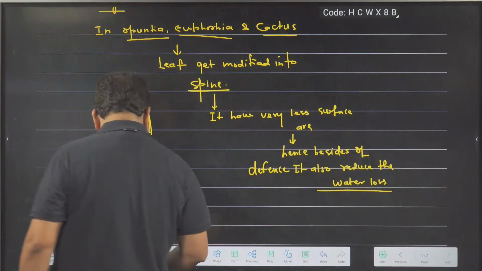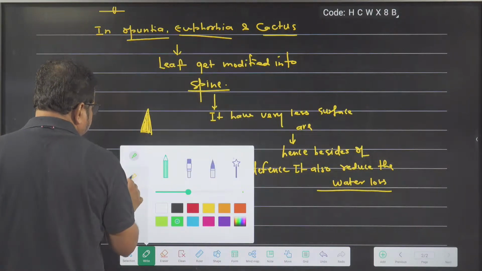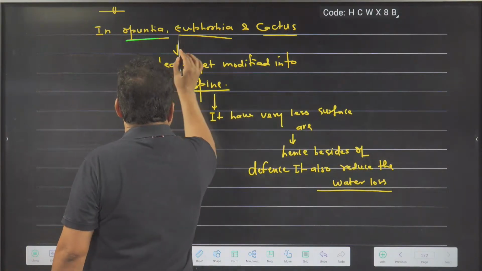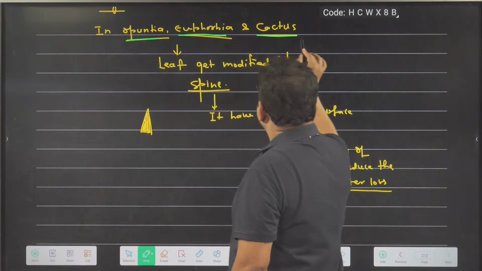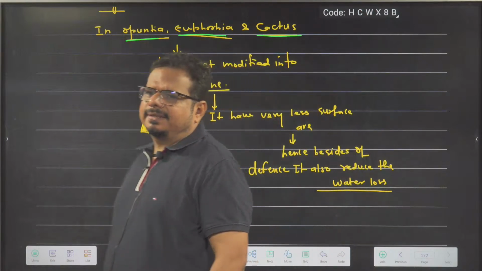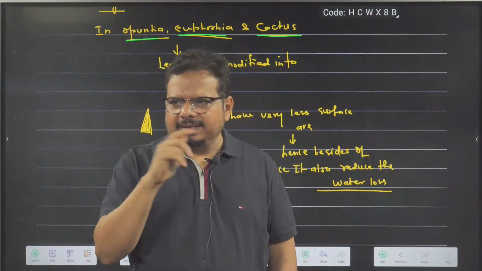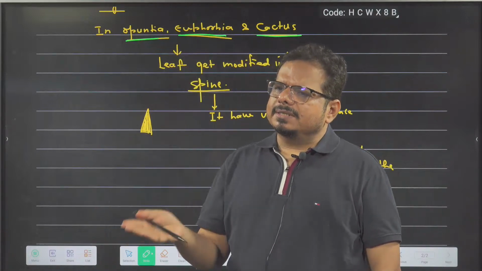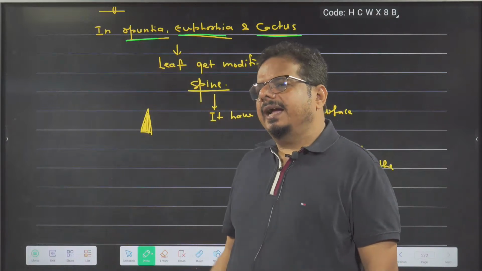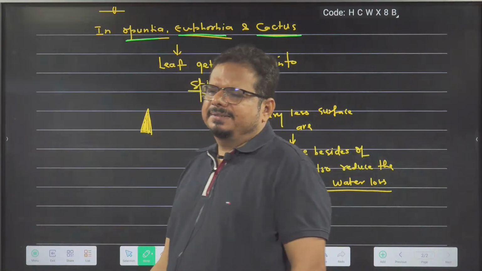Here one thing is interesting we have to know. Opuntia, Euphorbia and cactus, all these three have both stem modification as well as leaf modification.